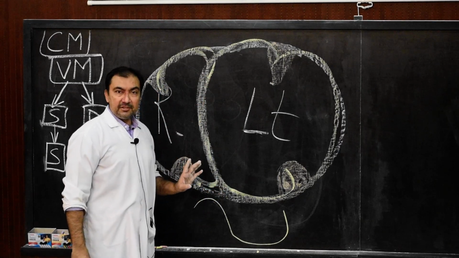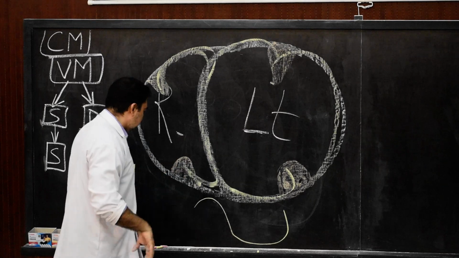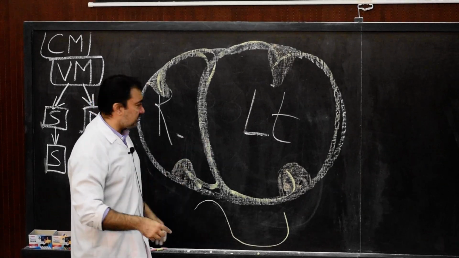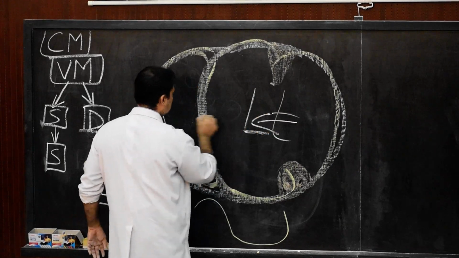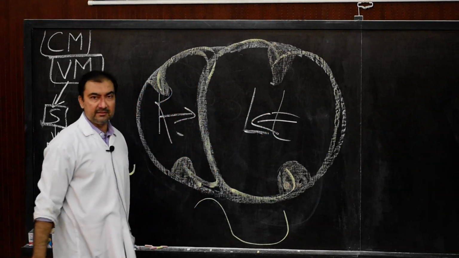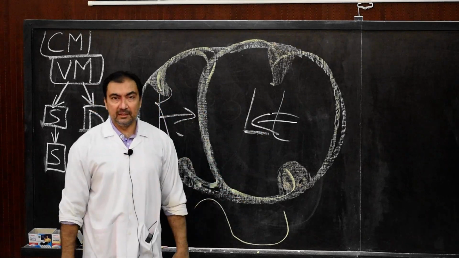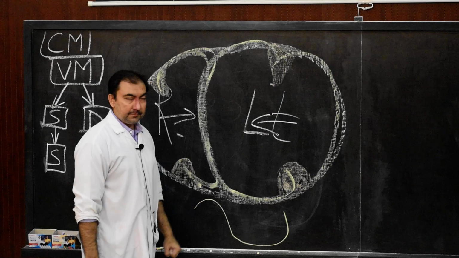That is why that shape. And their contraction, what will it do? Because of their contraction, it will reduce this diameter of the ventricles, that is, the transverse diameter of the ventricles will be reduced.